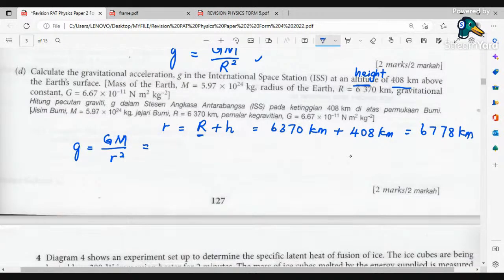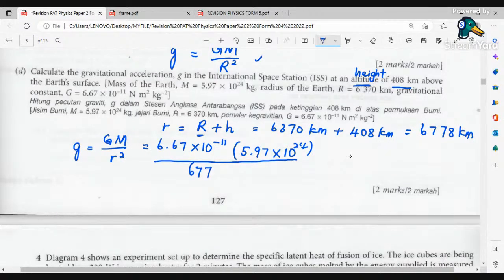G 6.67 times 10 power negative 11, mass 5.97 times 10 power 24, divided by 6778, change to meter.